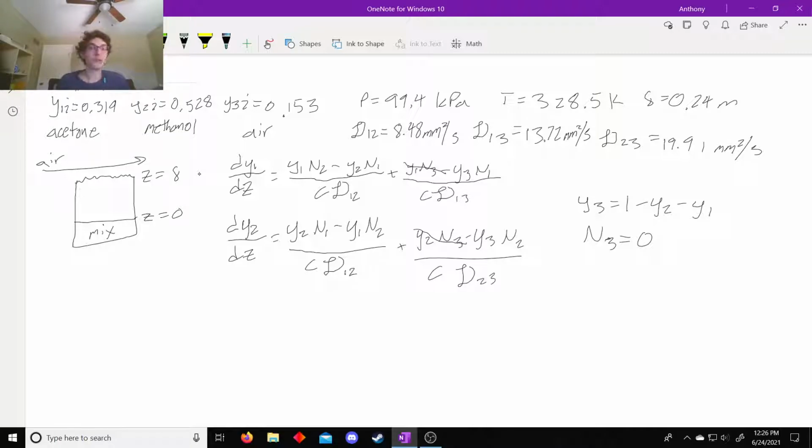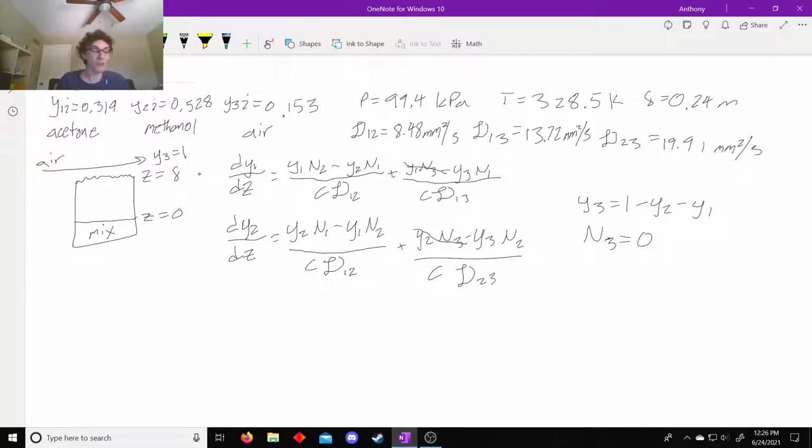We're going to make a guess for what the molar flux of acetone and methanol are going to be. Once we make that guess, we're going to solve the differential equation, and we're going to see what we get as values at delta, because we know that when z equals delta, the mole fraction of air is 1.